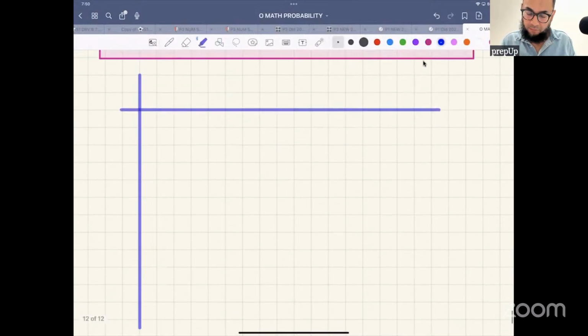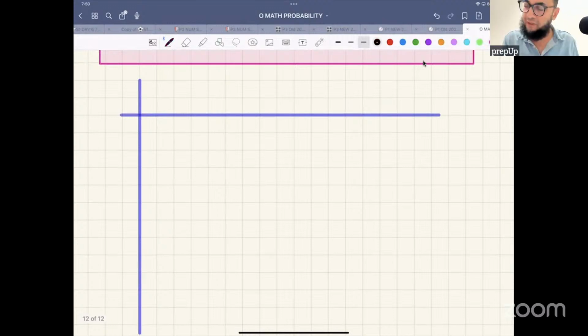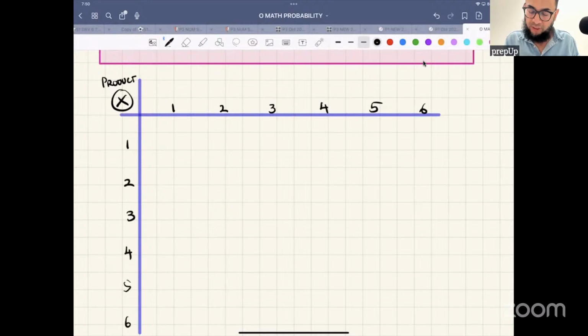I'm drawing a line like this, and over here we are interested in the product. So let me write over here 1, 2, 3, spacing it out. 1, 2, 3, 4, 5, and 6. 1, 2, 3, 4, 5, and 6.